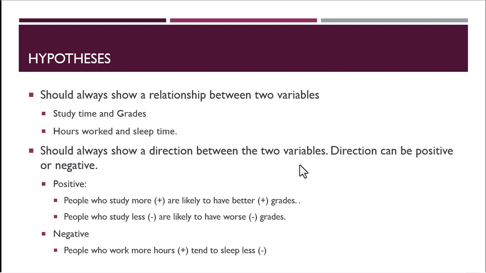When one goes down, the other goes down. A negative relationship is when those variables move in opposite directions. So the example I have here is people who work more hours tend to sleep less. So as work hours goes up, sleep goes down. They're moving in opposite directions. That's going to be a negative relationship or a negative direction.